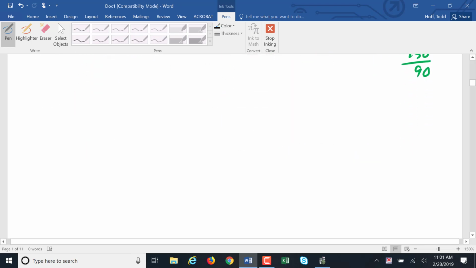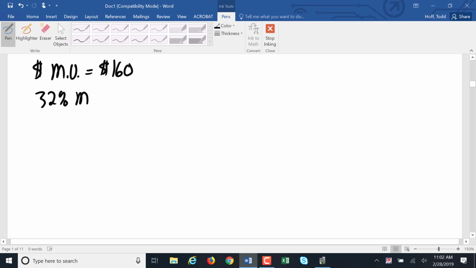So as long as we're given the cost, these are relatively straightforward. It can be a little trickier when we're given the other side of it. We might be given that the dollar amount of the markup is $160, and we might be told that this is a 32% markup on cost.